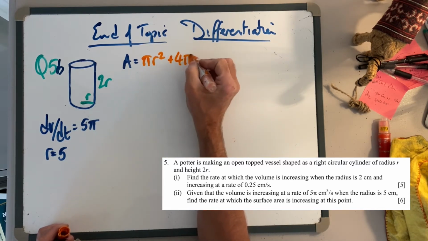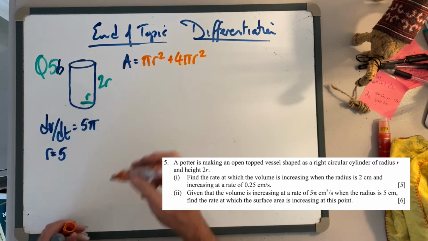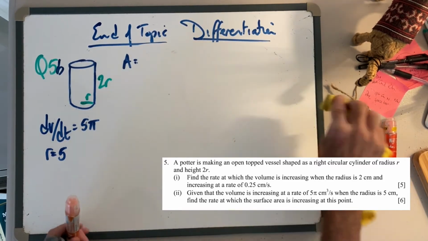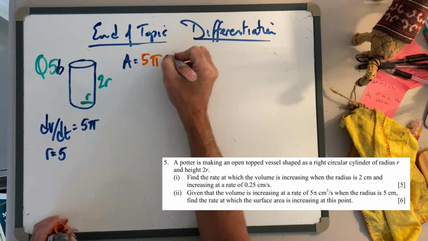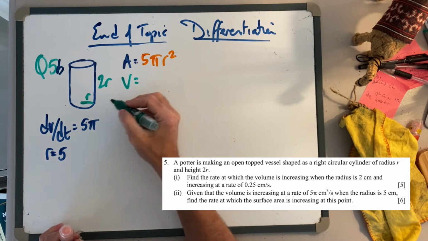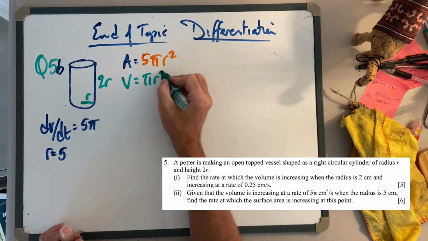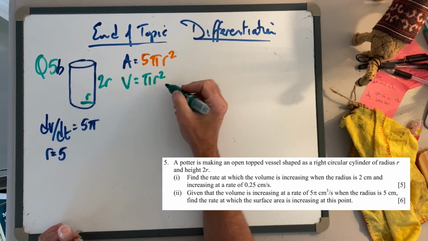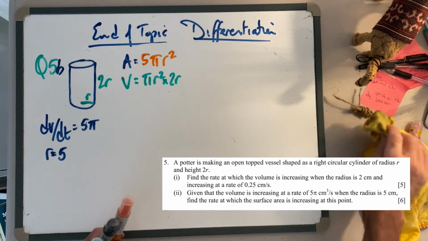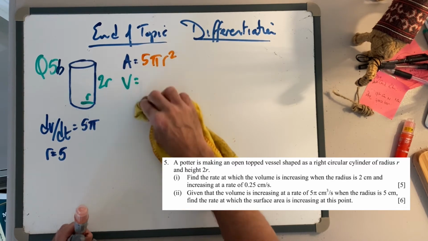You might want to slow down on that one. That tidied up becomes 5 pi r squared. And just to remind ourselves, the volume is always handy, it's pi r squared times the height 2r, so we end up with 2 pi r cubed.